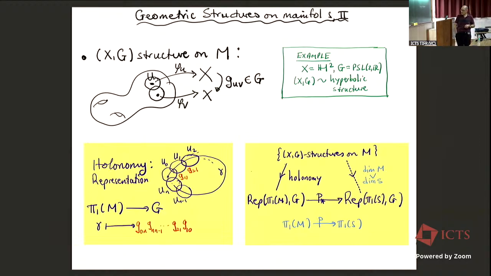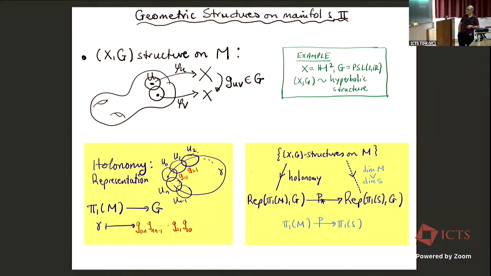there are interesting representations that arise if you're in a situation where M is related to another manifold. In our case, we're going to be looking at bundles over our surface. So if you have an M and an S, such that there's a relation between the fundamental groups of these, then you can still look at representations on the target space which come from holonomy representations of X_G structures on the big space.